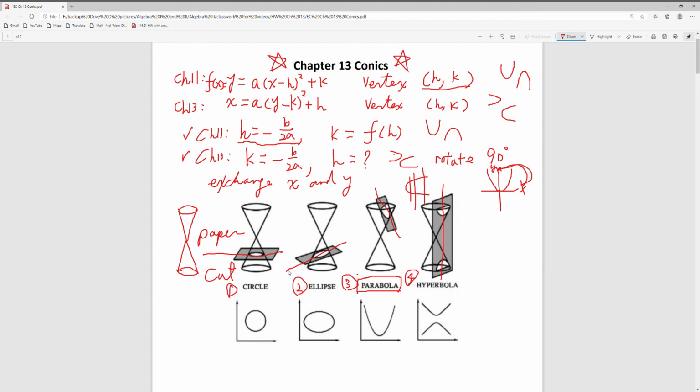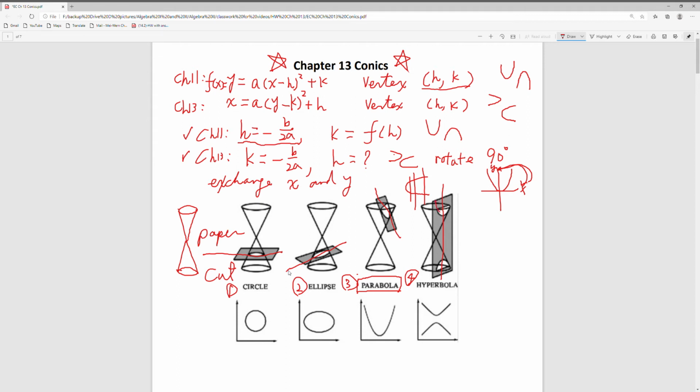So that's the first concept. Why do we talk about conics? Because those shapes were created from this type of shape here: circle, ellipse, parabola, and hyperbola.